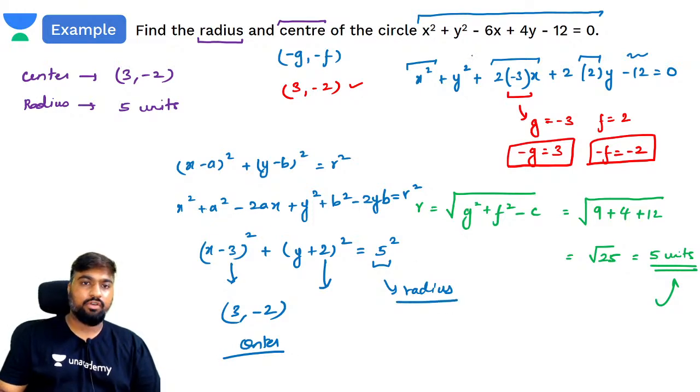Either way, if you are not able to complete the squares, you can go individually like this, otherwise you can also go like this. तो ऐसा कोई ज़रूरी नहीं है कि ये सब आप याद रखें.